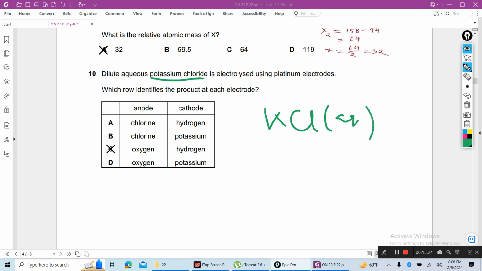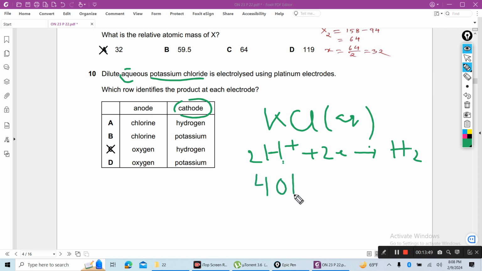So aqueous, at the cathode the hydrogen ion gains 2 electrons to form hydrogen. And at the anode, 4OH minus 4e, it will form oxygen and water.